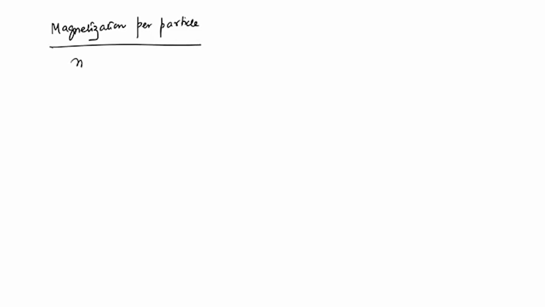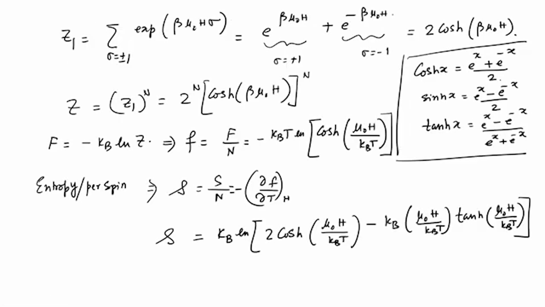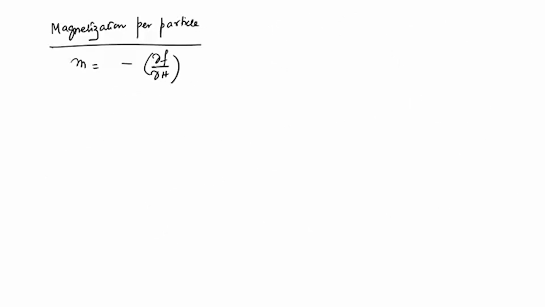Which is given by m equal to minus del f, this has to be a small f, del h. Let me make sure that I have written a small f there, yes.